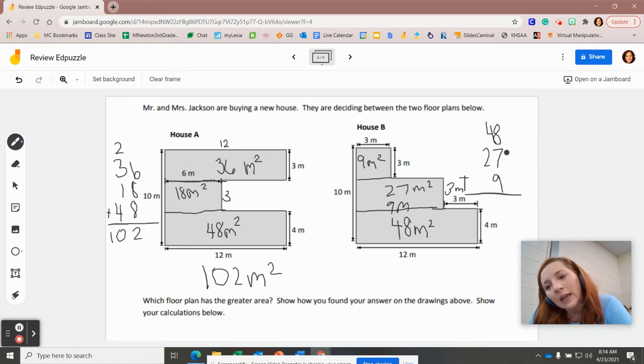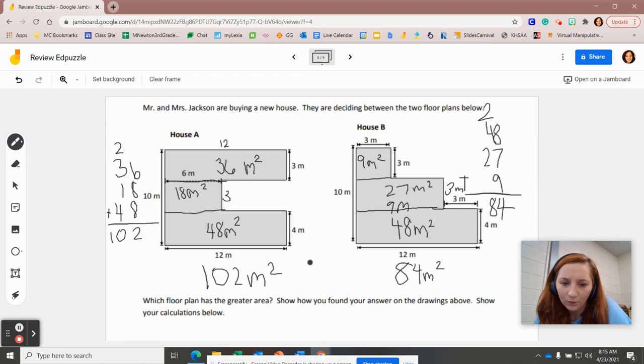Okay. 8 plus 7 is 15. 15 plus 9 is 24. 4 plus 2 is 6. 7, 8. This house is 84 meters squared. So house A is greater than house B.